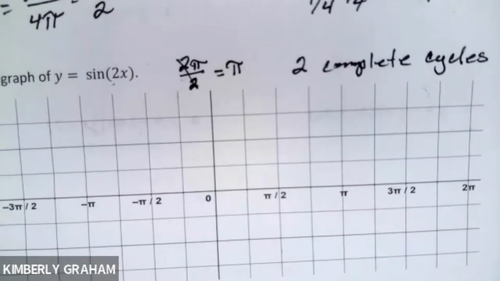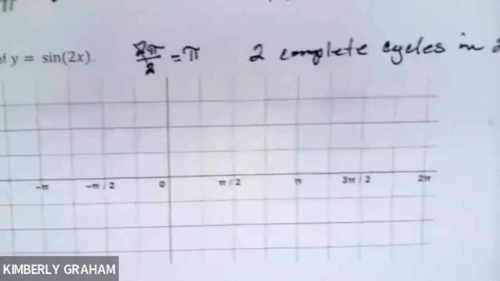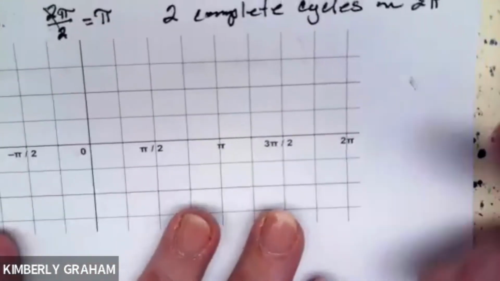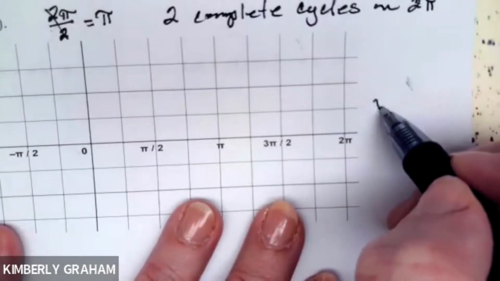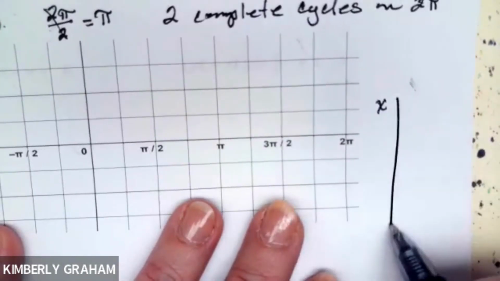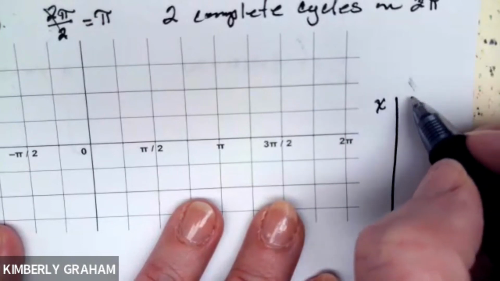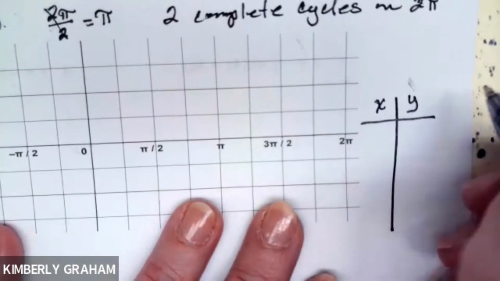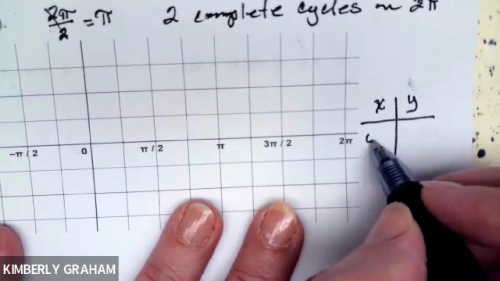Whether you're graphing a linear equation, a quadratic equation, some kind of weird equation, the best way is to make a table of values. So I did not leave myself a whole lot of room here. I'm going to try and squeeze this in over here, making my table of values. So I'm going to start off with 0.